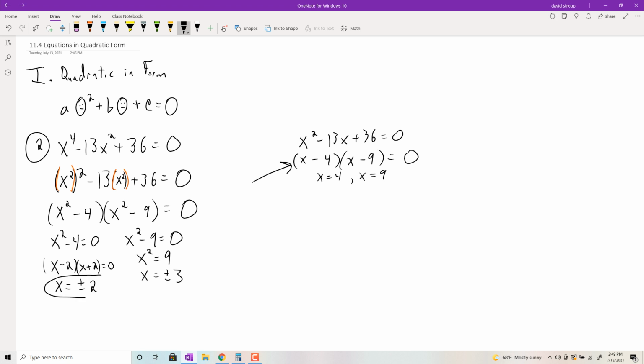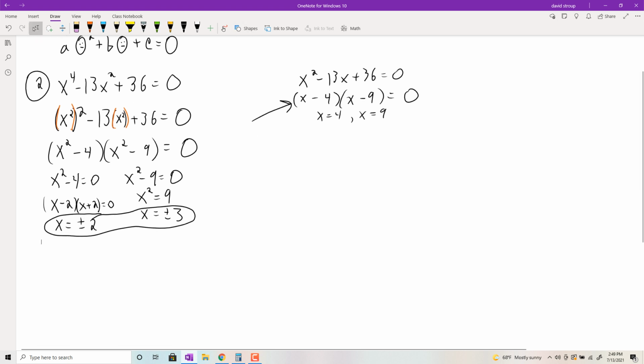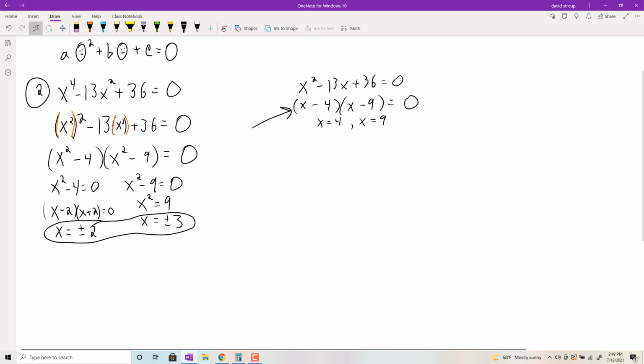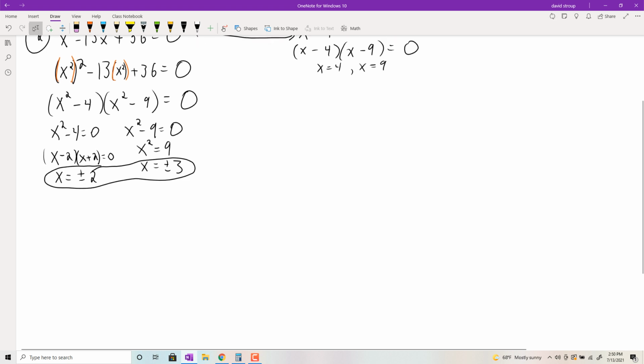So I got 4 answers now. Okay, but it's not anything really new. It's just being able to establish this resemblance to a quadratic that we already know how to factor from our previous work. So just being able to identify that correlation.